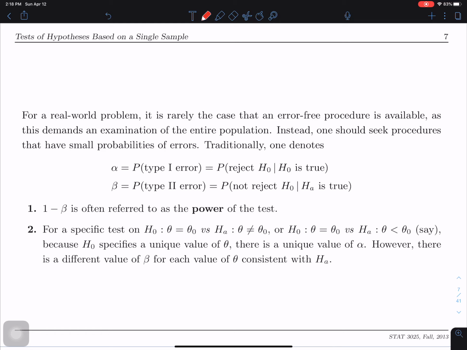For a real-world problem, it is very rare that an error-free procedure is available. Instead, we should seek procedures that have very small probabilities of errors.